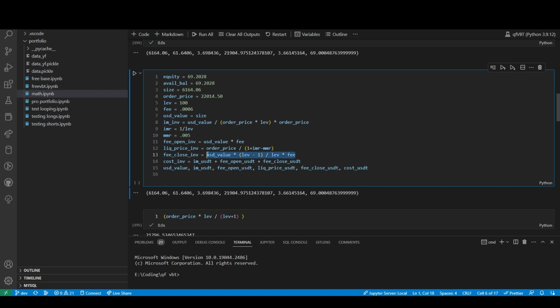So this is going to be deleted. This will be deleted, unless they do their initial margin differently as well for the inverse. Yeah.